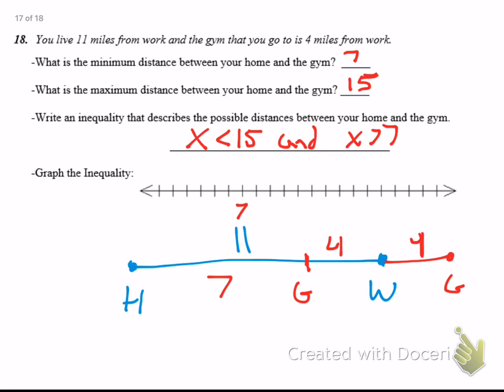So if we have 7, 8, 9, 10, there's 11, there's 15. We would have endpoints. We can include the equal to's, and we're going to shade everything in between.